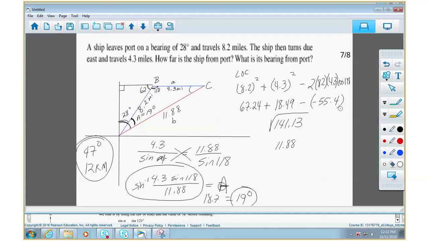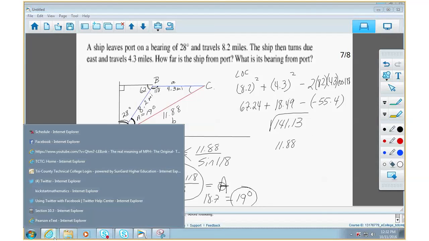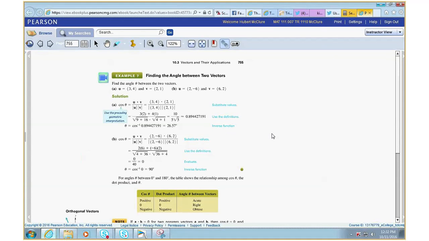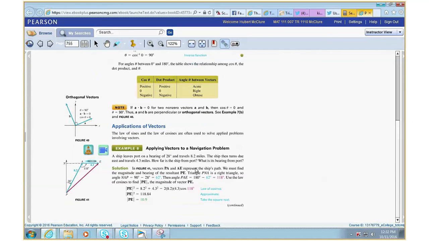Let's see what our distance comes out to be. Distance is 10.9, so you need to check your measurements on that. Yeah, check to see the square root. Didn't we get 118?